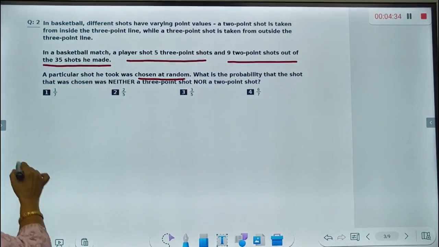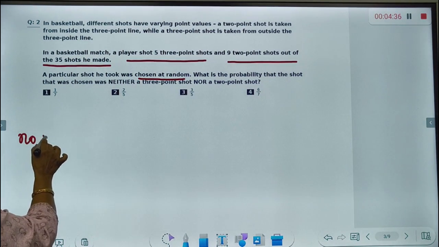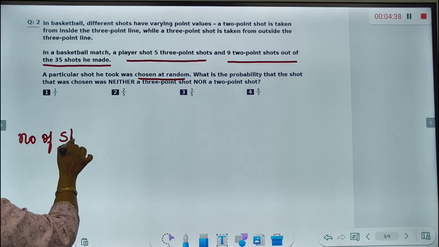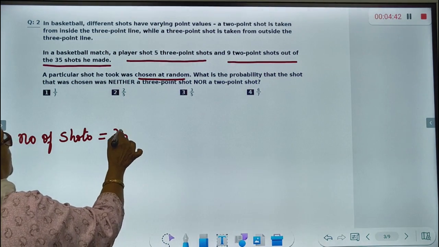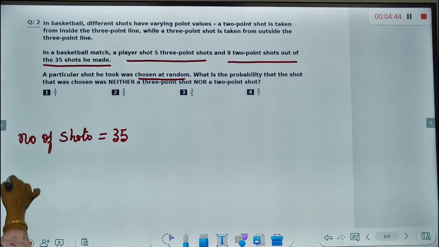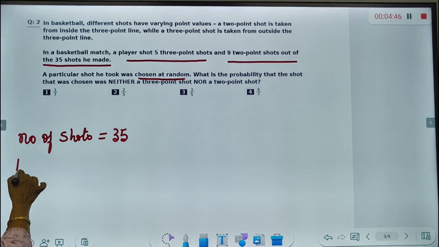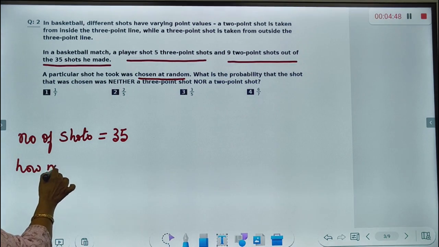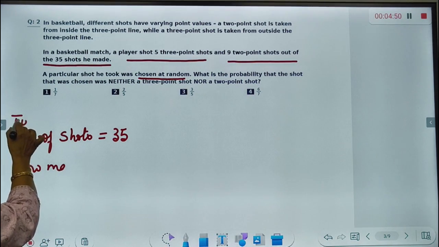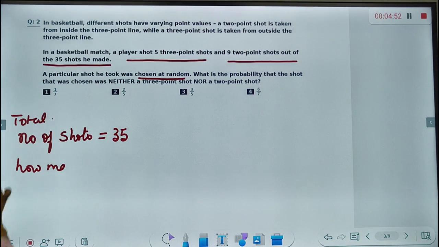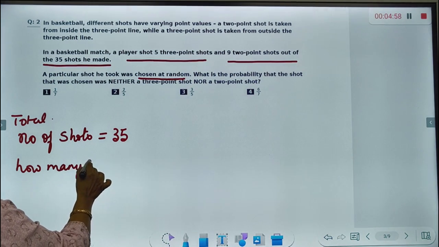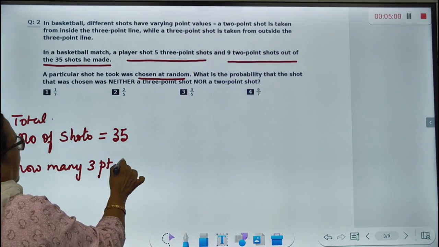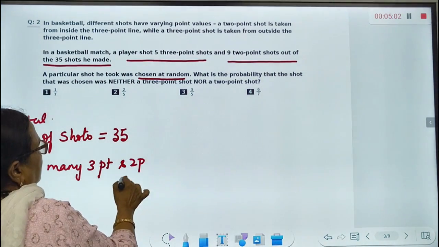So how many shots? Total number of shots is 35. How many were 3-point and 2-point shots?